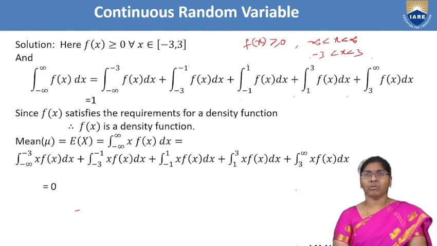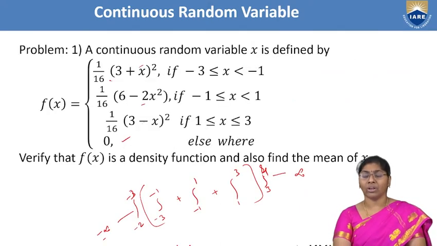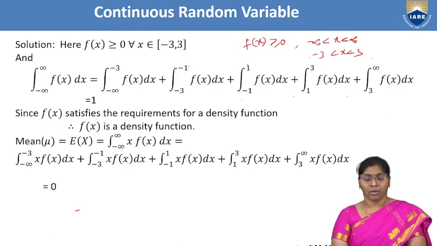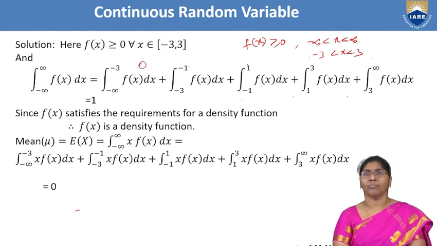Why we are arranging like this: in our question they are given minus 3 to minus 1, minus 1 to 1, and 1 to 3. These three are fixed. For the remaining we get the 0 value. That's why we are arranging like that. From minus infinity to minus 3, this total term is 0.